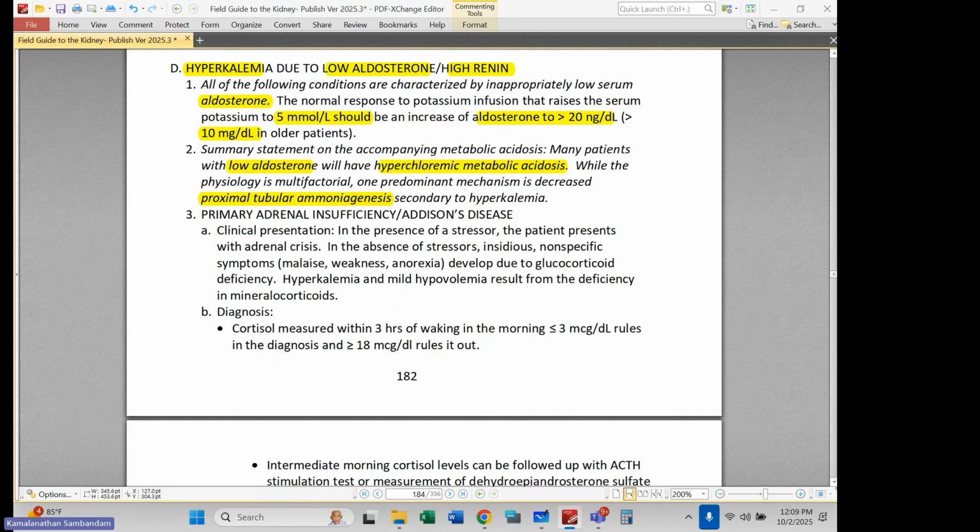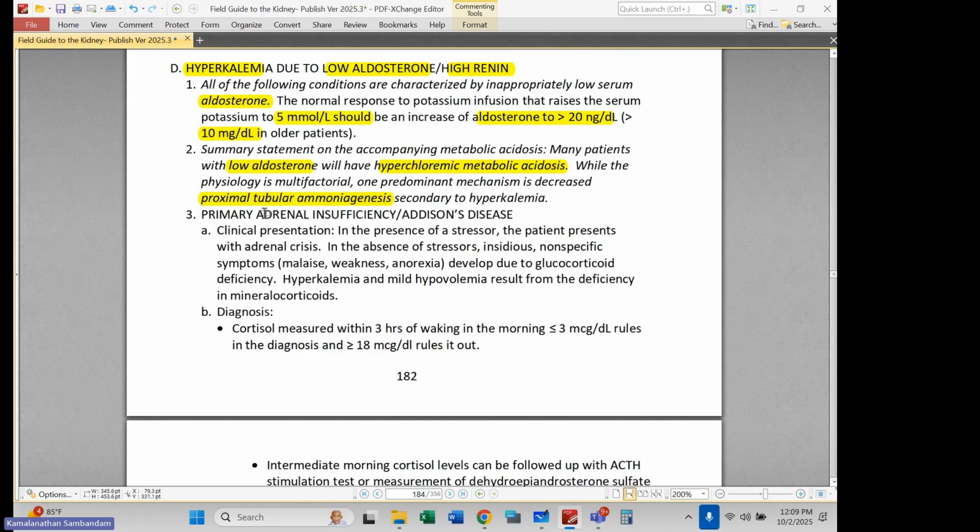Okay, so simply hyperkalemia itself is often a causal factor in the metabolic acidosis. There, of course, is also an effect of low aldo on H-ATPase activity. So that would be another mechanism. Ammonogenesis impairment is a major mechanism.